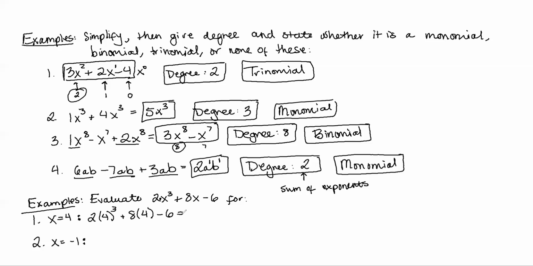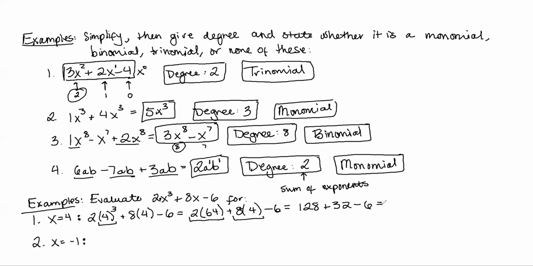So remember, simplifying, you want to do exponents first. So 4 cubed is 64, so 2 times 64, plus, I'll do all of the multiplication in the next step. So now let's multiply. 2 times 64 is 128. 8 times 4 is 32, so plus 32, minus 6.